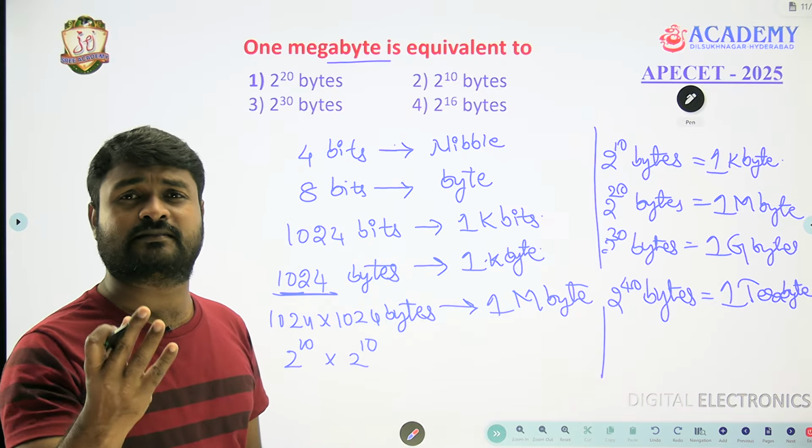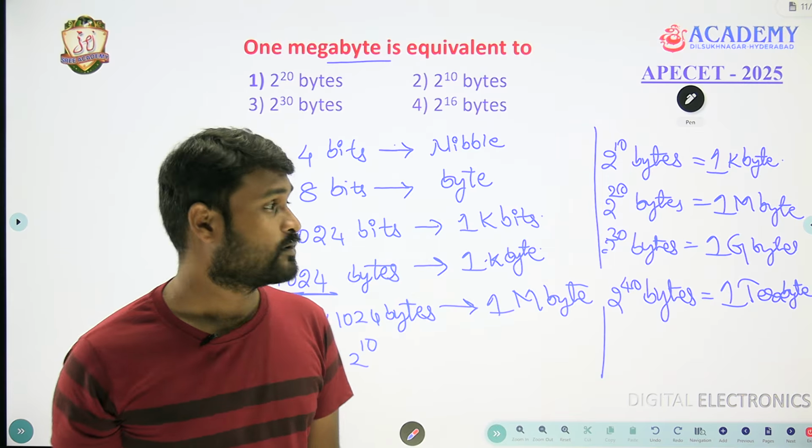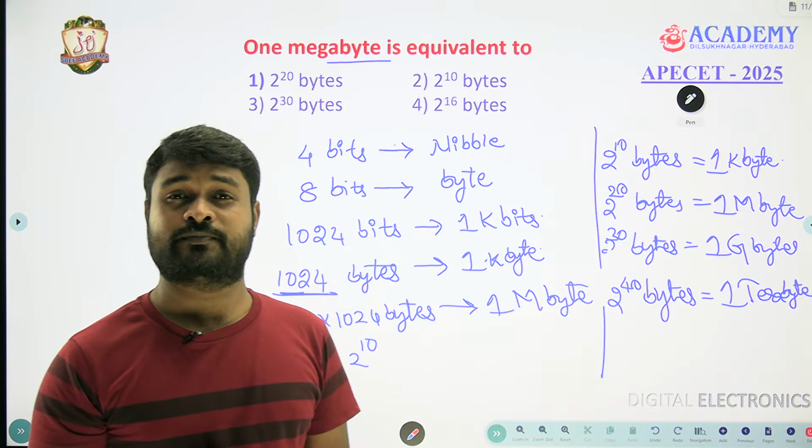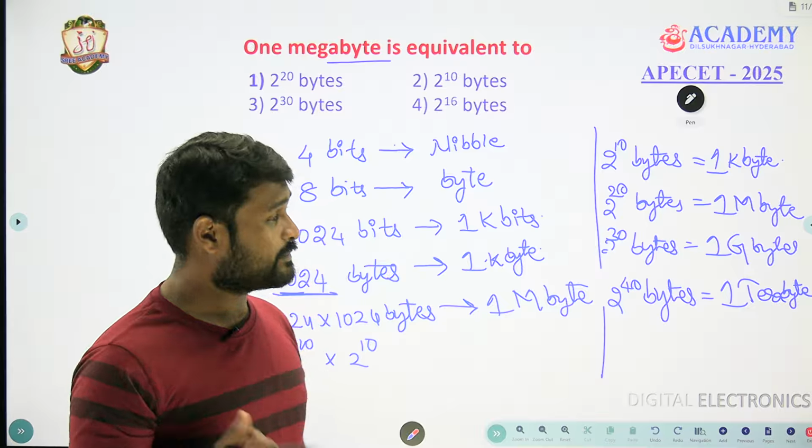If you have the basics, we actually call our memory card sizes this way, no? 1 GB memory card, 2 GB memory card, 500 GB, 512 GB, 1 TB. TB is nothing but terabyte.